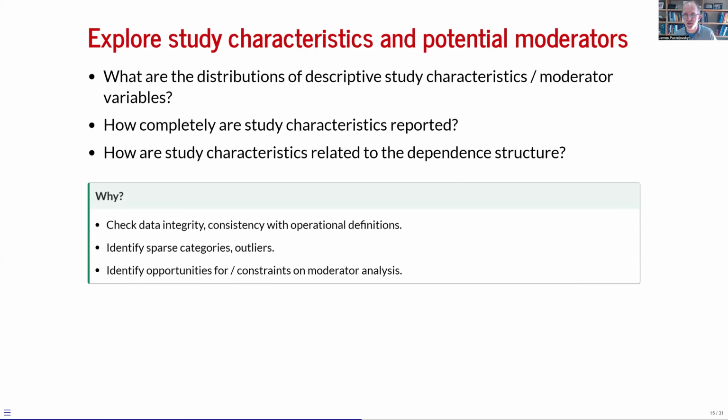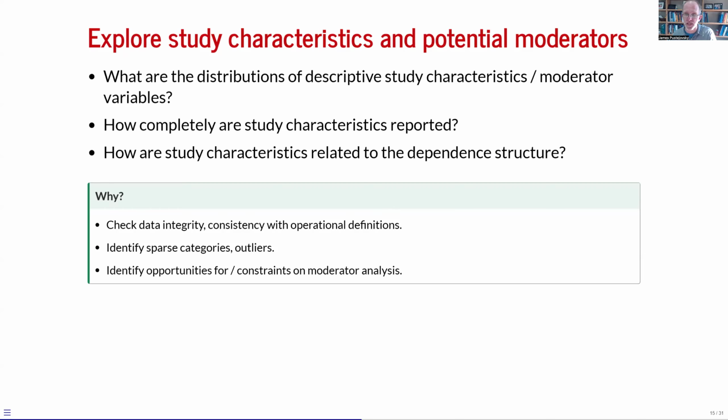Answering these questions is useful just on the basic level of checking that the data are right, checking that the codes that you're using are consistent with the operational definitions that you specified at the earlier stages of the synthesis. Then thinking about whether, after the screening and coding process, maybe some of the categories that you started out hoping to analyze are not sufficiently populated, right? Maybe there's only 2 or 3 studies that include a particular level.